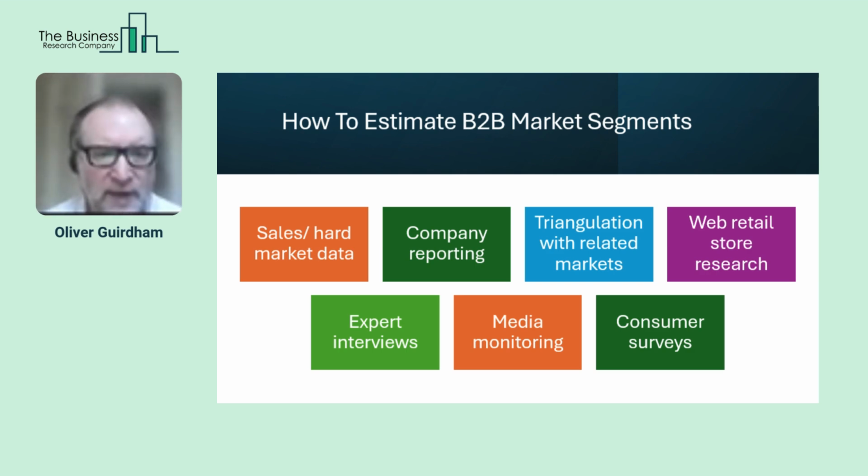Obviously, you have to be careful with that. Triangulate it with related markets. Looking at the overall market size, once you've got information about one segment, you can start comparing with that to develop other segment numbers. You can also look at general web presence as a guide. Obviously, none of these things on their own are sufficient.